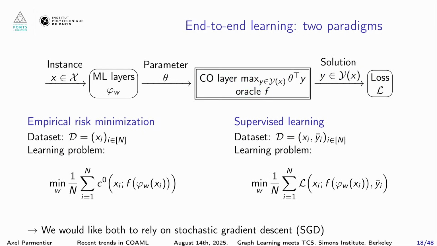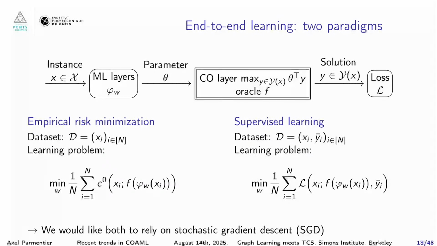And to train this, I have two main paradigms. The first one is supervised learning. You assume you have a training set with both instances and target solutions to imitate. And in that case, we can use things that have been developed by machine learners 10 years ago.